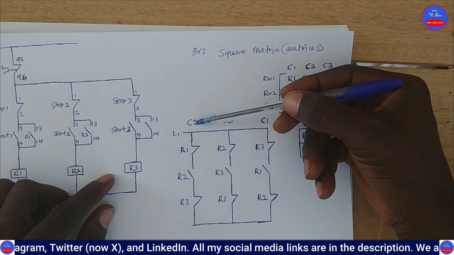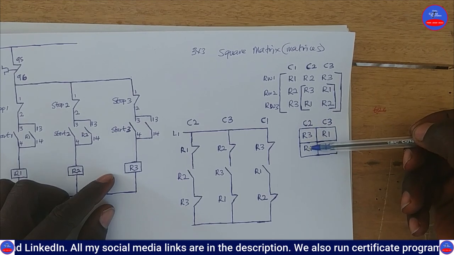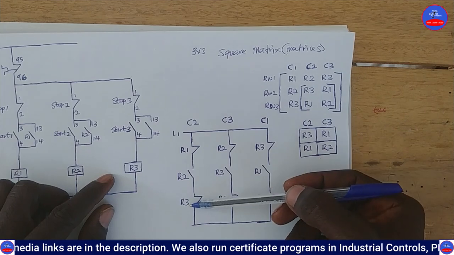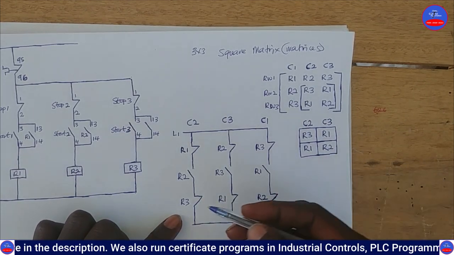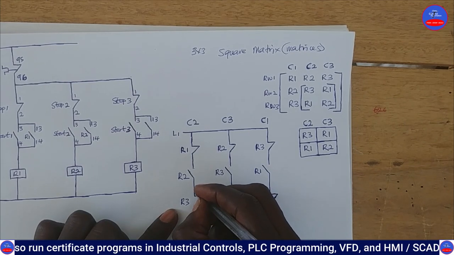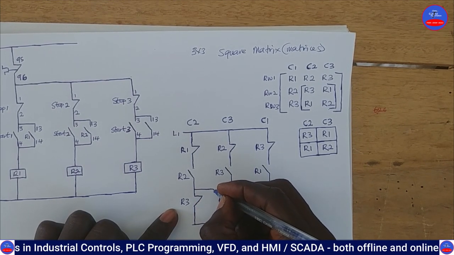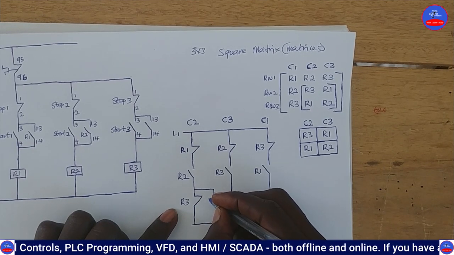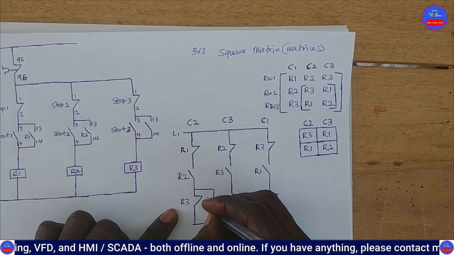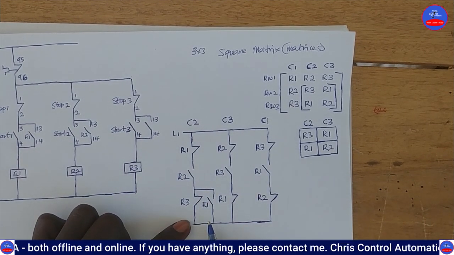So let's go to column 2. Wherever we see R3, we parallel it with R1. So this is column 2. This is R3. So we are going to parallel this with R1. Okay. So here will be R1. All right, R1.